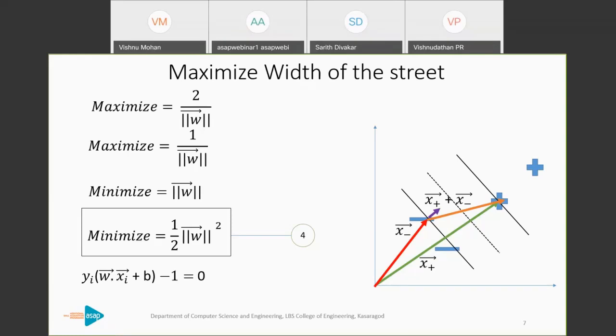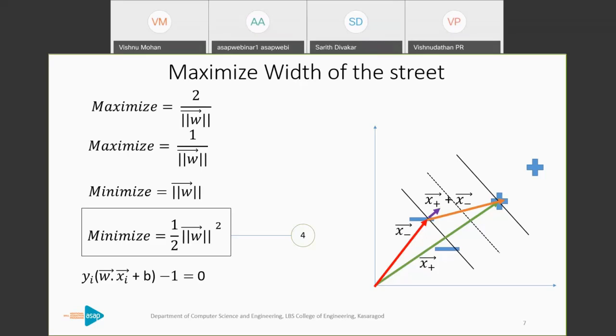And what is our aim? The aim of Lagrange multipliers is, say, you have to find an extreme of a function. Don't bother whether it's a maximum or minimum. So you have to find extreme of a function with a constraint.